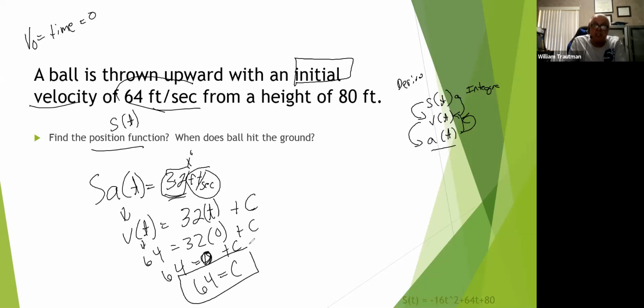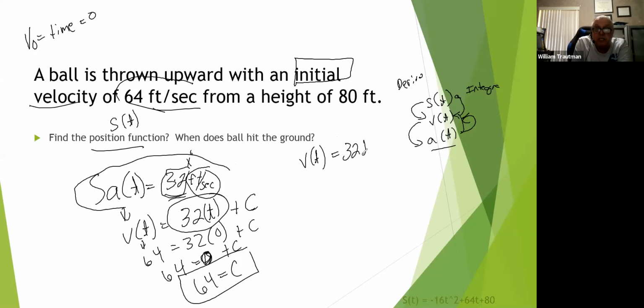We know c was a constant, but now we know the number. C equals 64. Here's my original acceleration function, and here's my velocity function now. I can actually write it. My velocity function is 32t plus my c, which is 64. So I found this one.